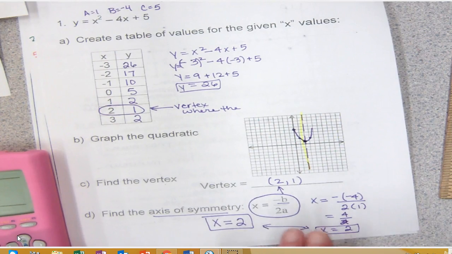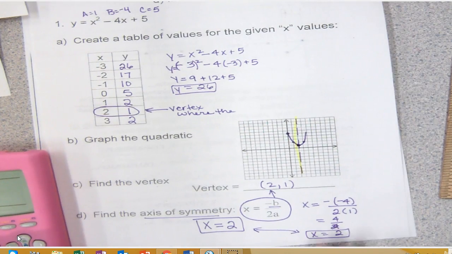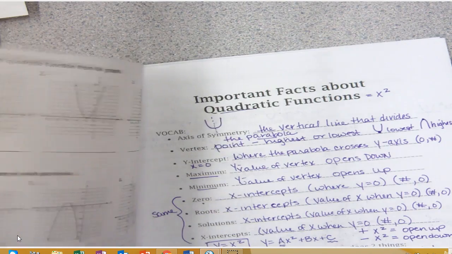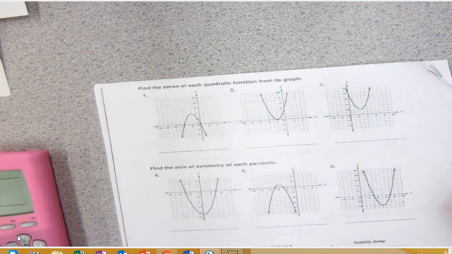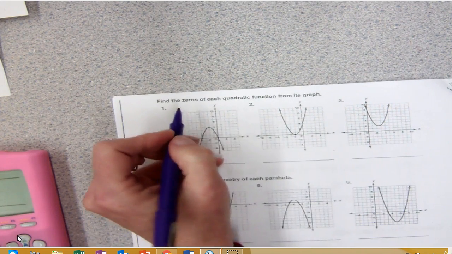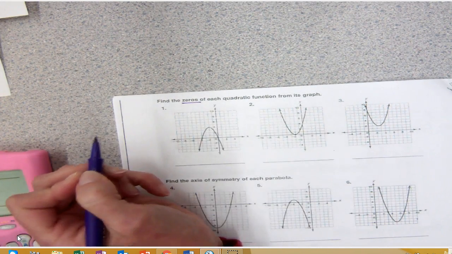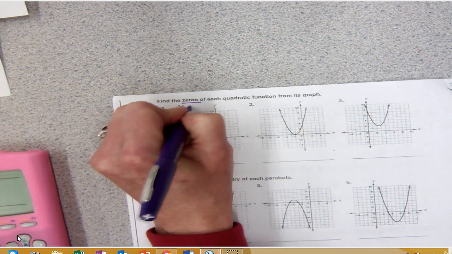Okay. And let's do one on this and then we'll be done. So, find the zeros. Basically that is the x-intercept.